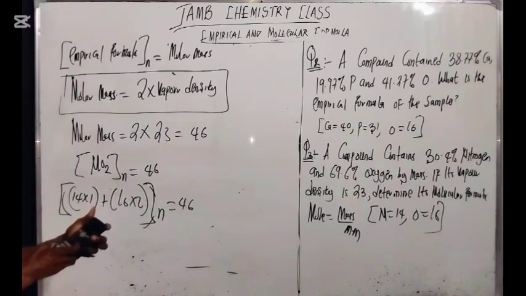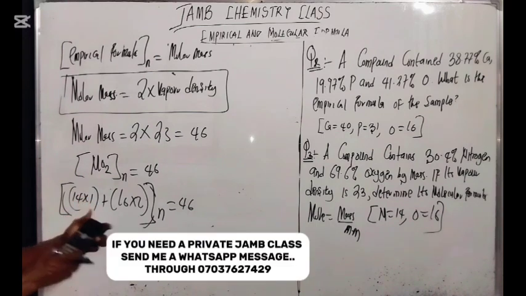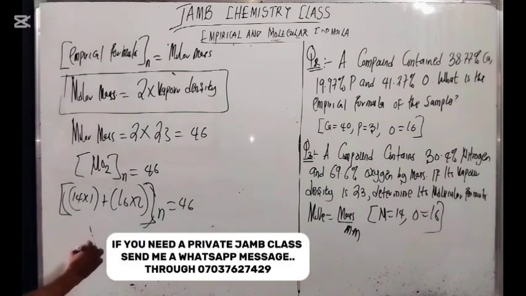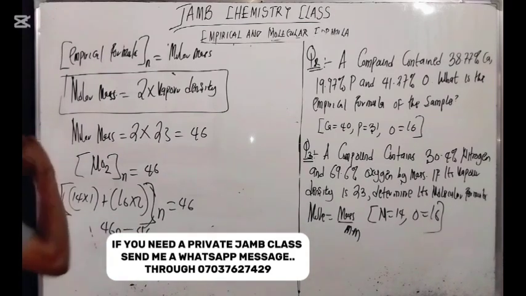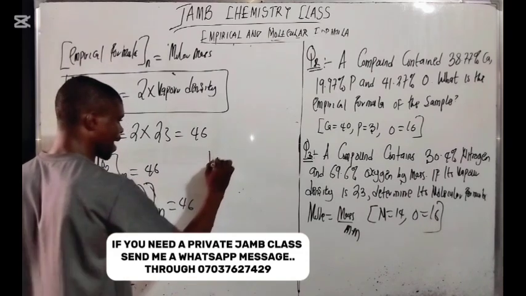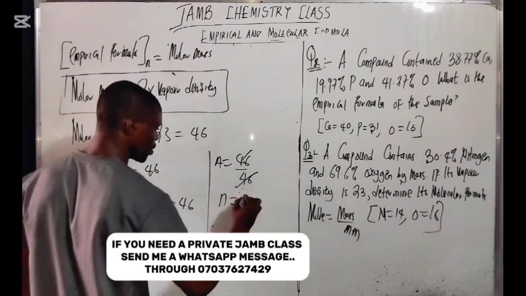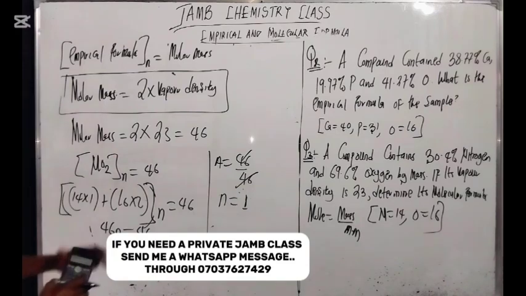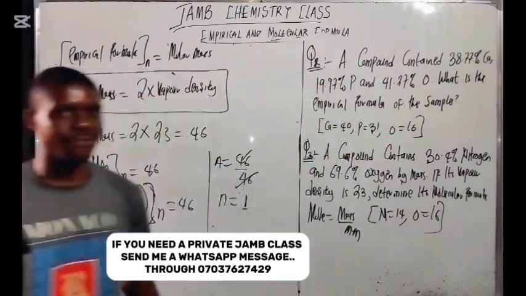So here we have 16 times 2 plus 14, here we have 46. So 46n equals 46. If you divide both sides by 46, n equals 1. So if you check it very well, my molecular formula is also the same as the empirical formula.